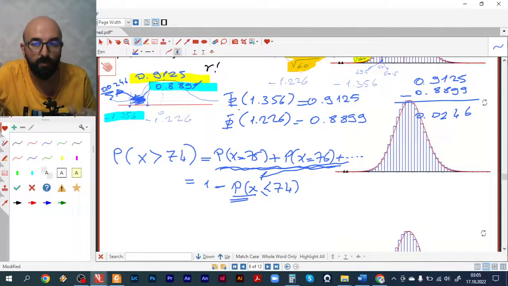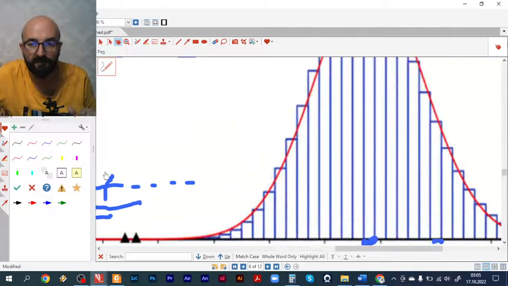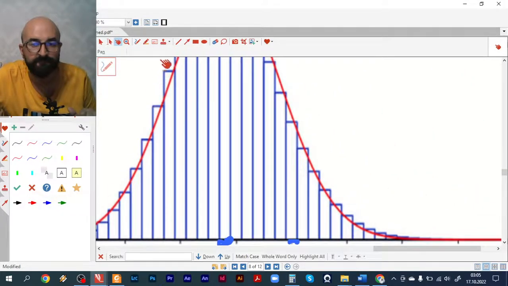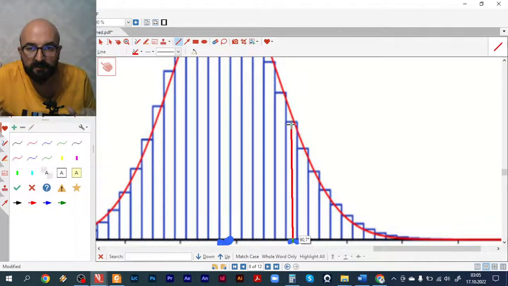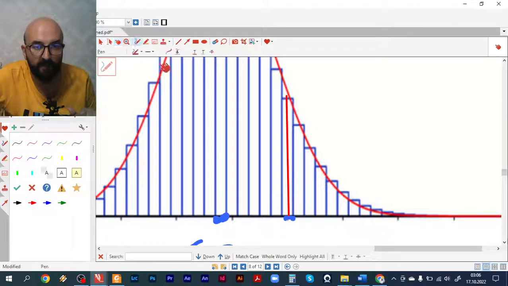And for 74, lambda is the middle of the graph, lambda is 60. For 74, maybe this point, the middle of this rectangle. In the Poisson distribution, 74 is the middle of the rectangle.